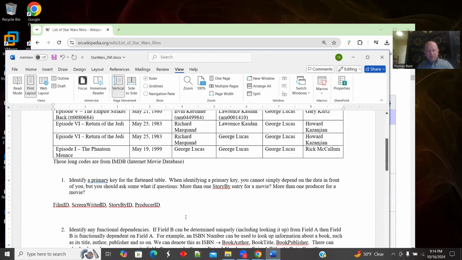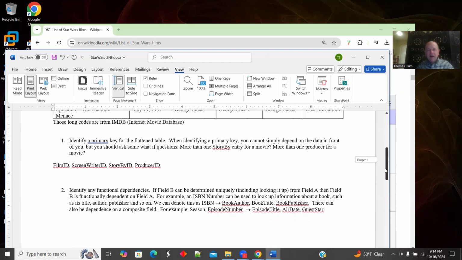So this is for this flattened field, for this crazy thing that I found over in Wikipedia. And then if I flattened it and I want to identify each row uniquely, I'm going to have to tell you the film, the screenwriter, the story by, and the producer to be able to pick out each individual row that might occur. Okay, so that is my primary key.